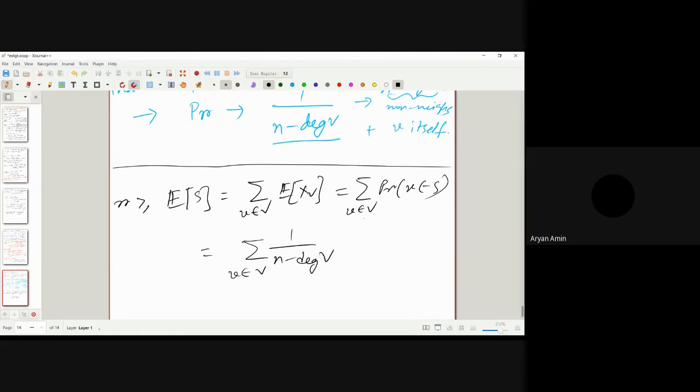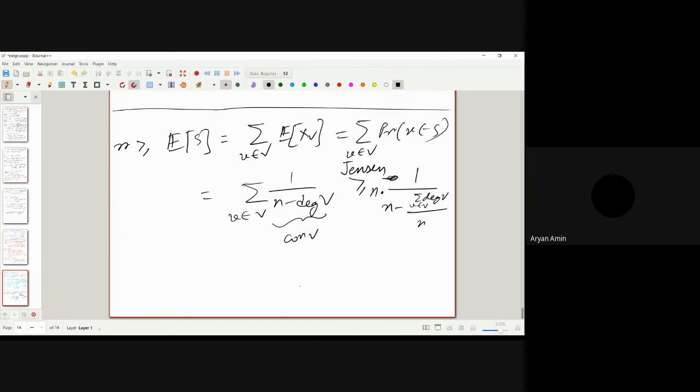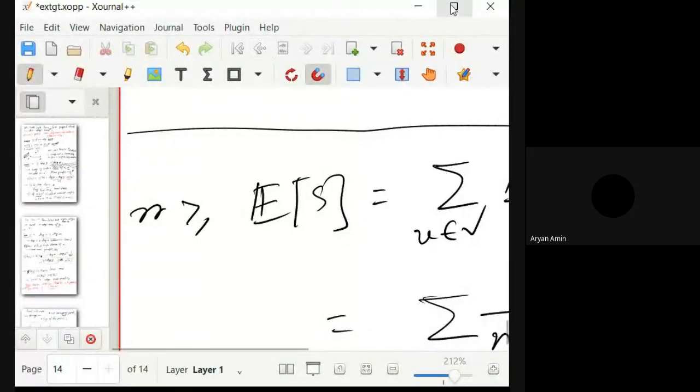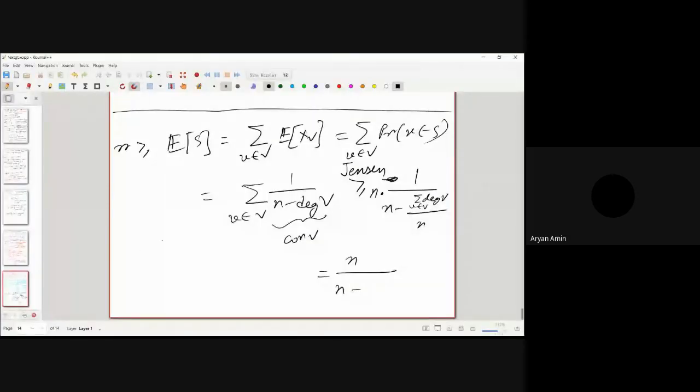Again, we will just use Jensen on this because you can check that this function is convex. Then this becomes basically n over n minus the average degree, and if the number of edges is m, this becomes n over n minus 2m by n.